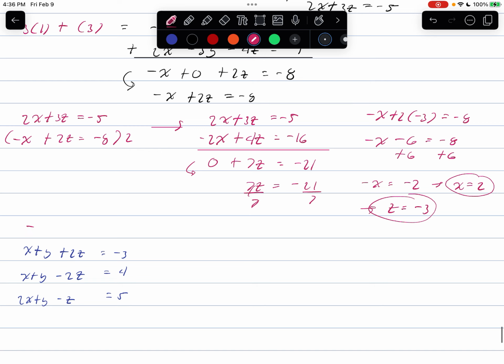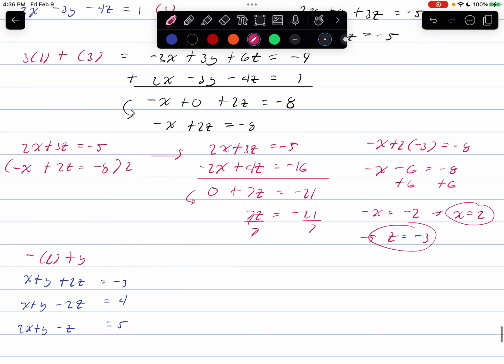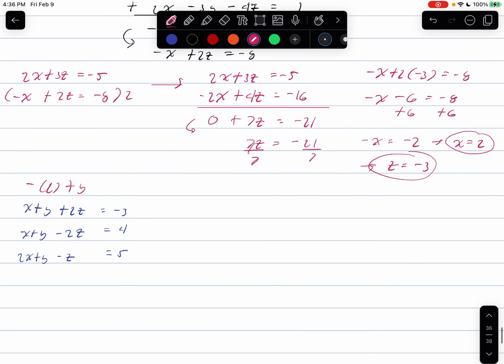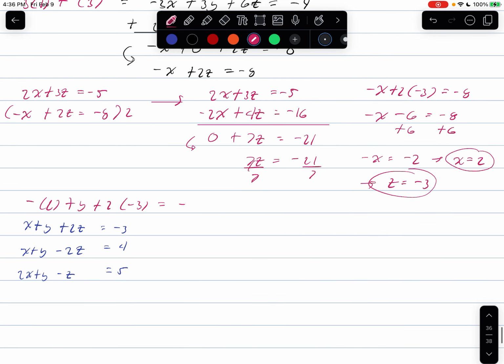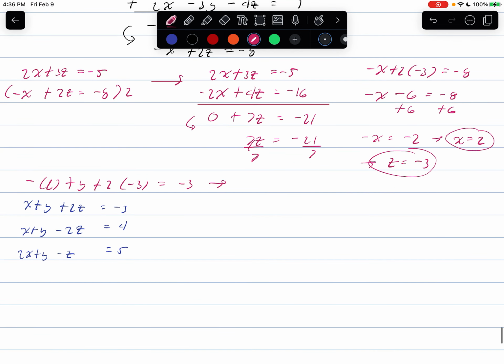So we'll have negative 2 plus y plus 2 times negative 3 is equal to negative 3. Okay? So now we have negative 2 plus y minus 6 equals negative 3.